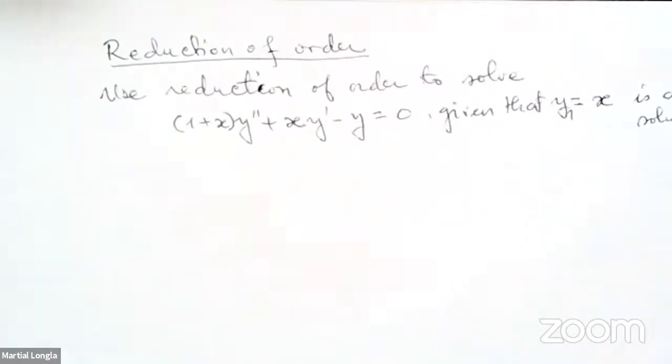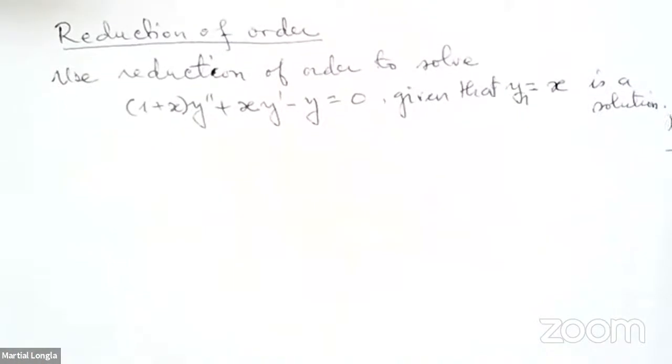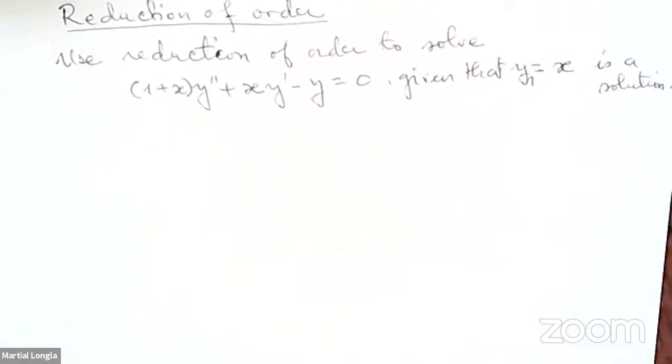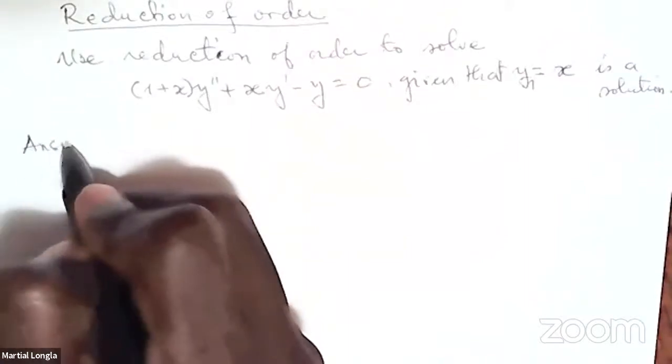So that's the setup of the question. So you know one solution, and you want to find the general solution to the problem. The equation, in this case, is 1 plus x times y double prime plus x y prime minus y equals 0. So how do we answer the question?